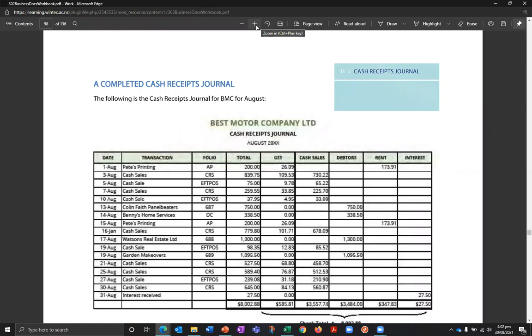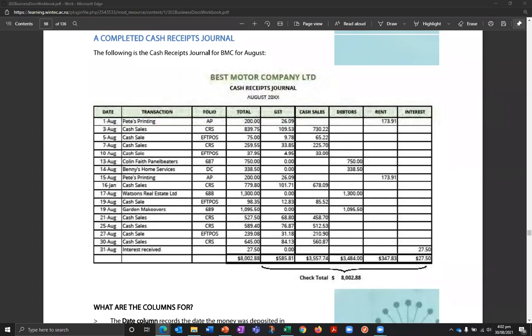On page 96, you will find a cash receipts journal that has been completed. Here you can see the date column that has the dates, transaction that lists what type of transaction it was, folio that shows AP, automatic payment, CRS for the cash register summary, FPOS, receipt number for direct credit.